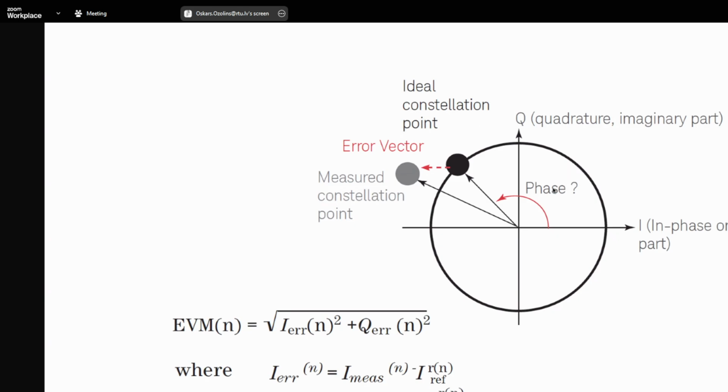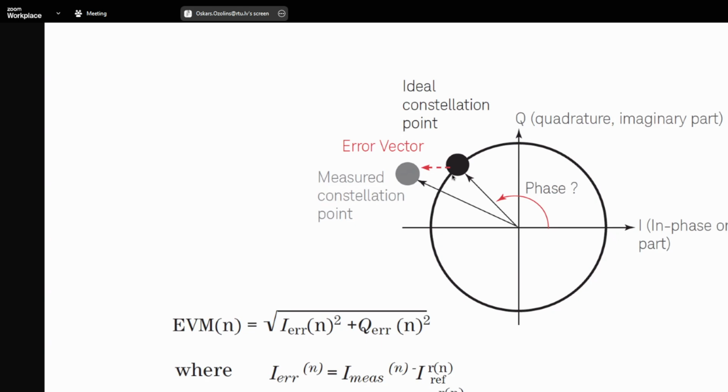All right. When the constellation point comes in, it's quite far from the ideal constellation point, and then we can define an error vector. If we get the error in amplitude and phase value, how far it is, and compare the measured point to the ideal point, we get some difference.